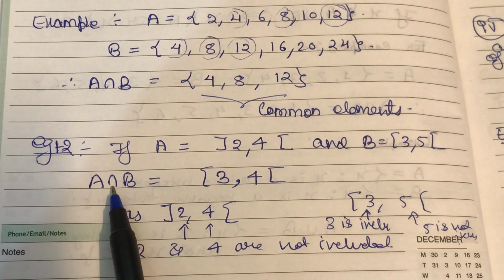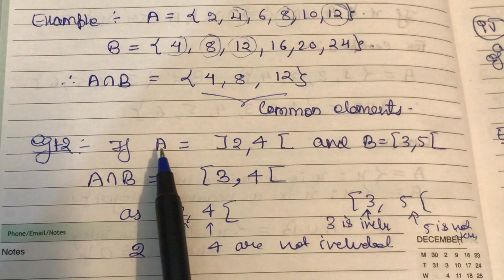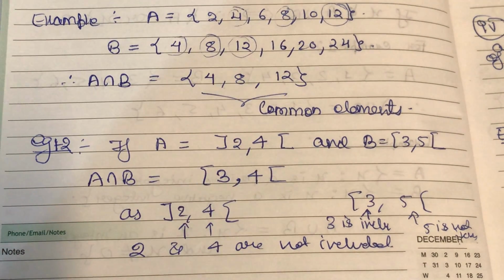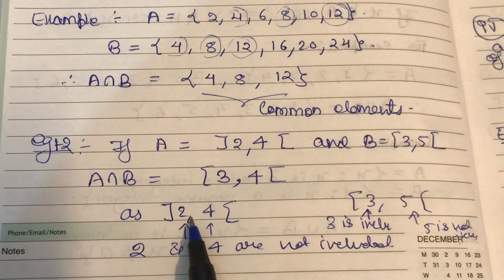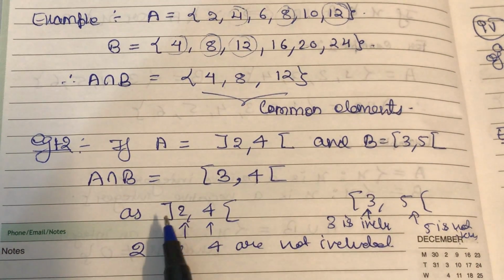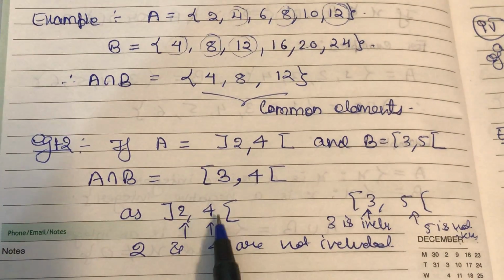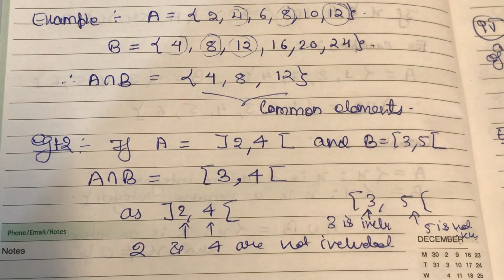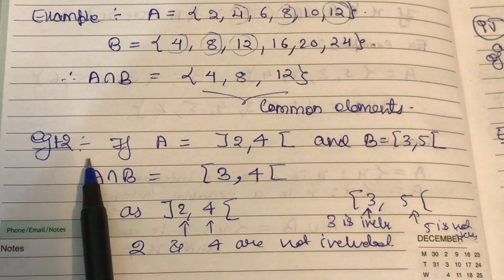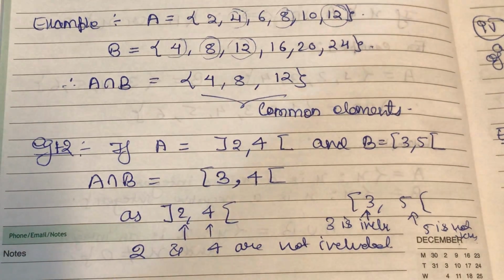Intersection means the set of elements which are common in both. Keeping that in mind, I can write A intersection B like this, right? So here it means that 2 and 4 are not included, because these are open brackets. If you have doubt in this concept, you can refer to my day 2 video. Over there I have explained it.